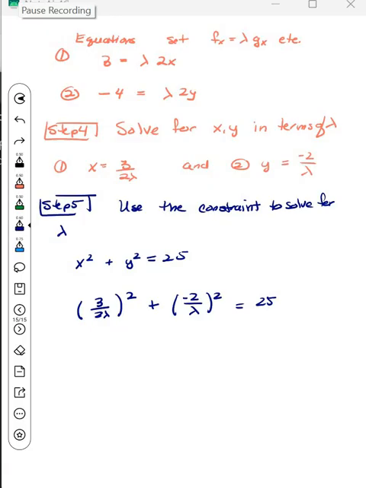Can I just do Rocky theme music? Well, no, I'll solve it. I was going to say Rocky theme music, and the answer is, let's do it all the way through.